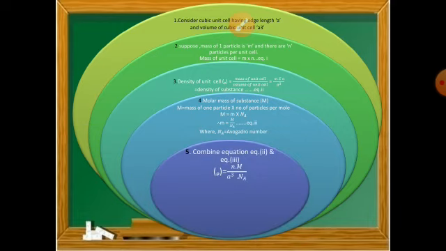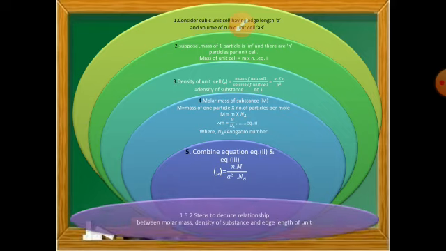Now put this value of small m from equation number 3 in equation number 2. So I'll get rho is equal to small n into capital M upon a cube into Na.